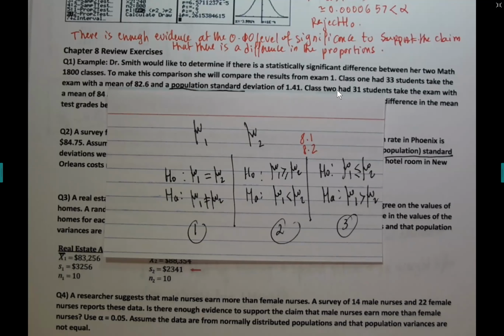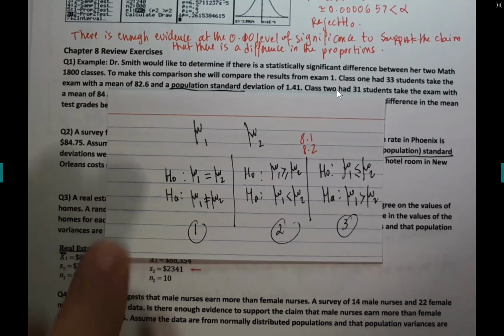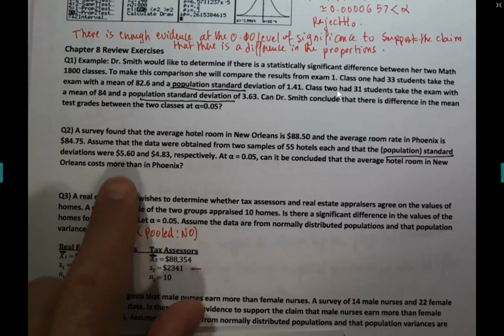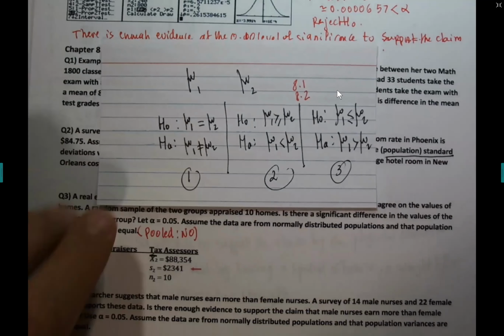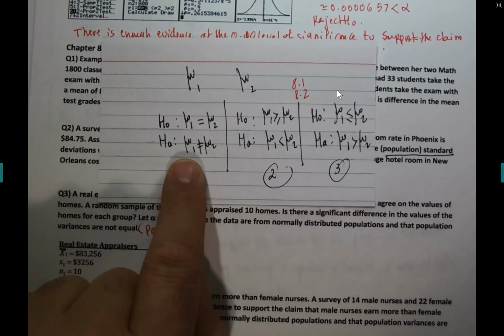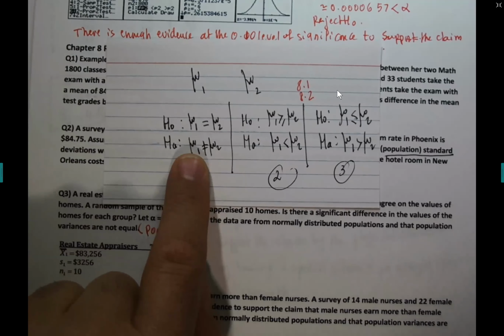Oh, it's always samples, but when he gives you S, it is a t-test. Look, he says S1 and S2, whereas in the previous question, he says a population standard deviation, which is sigma 1 and sigma 2. So do you guys agree it's going to be number 1 here, mu1 equals mu2, mu1 not equal to mu2, and that's the claim in HA.